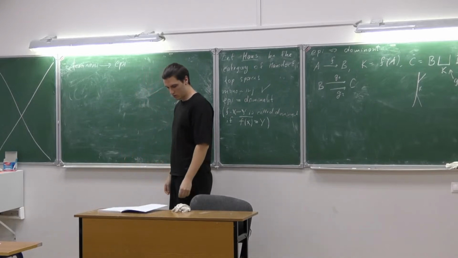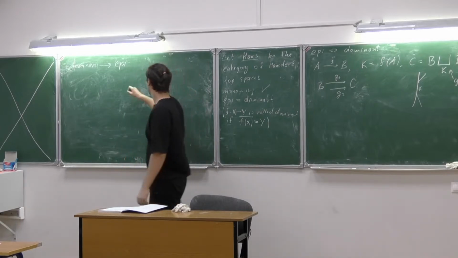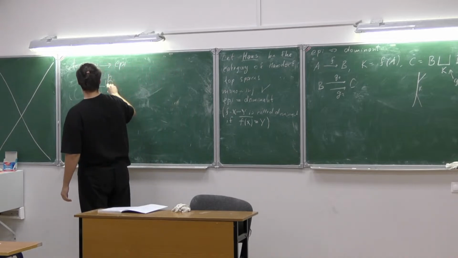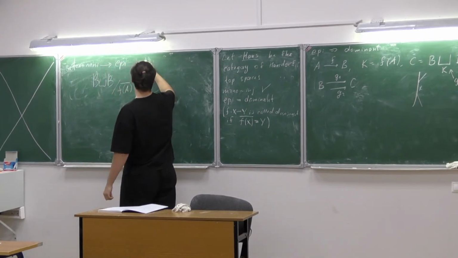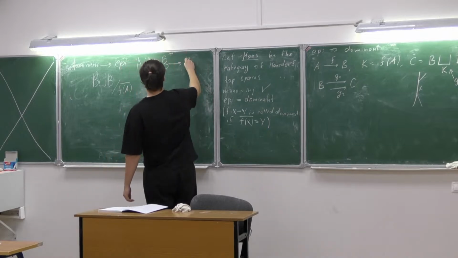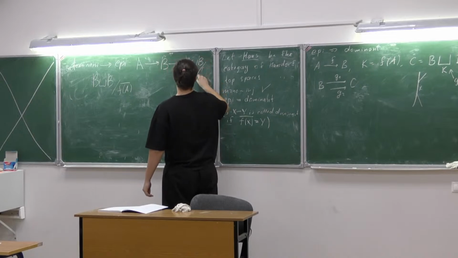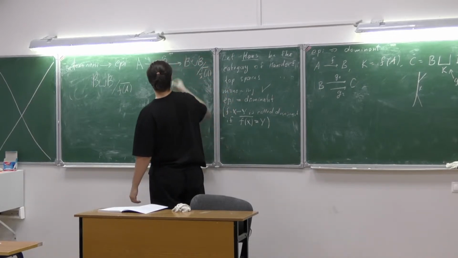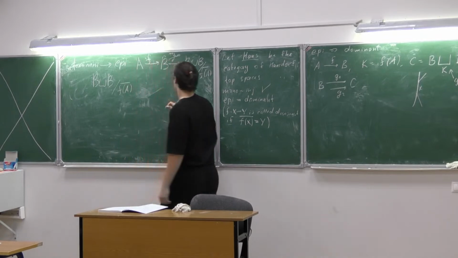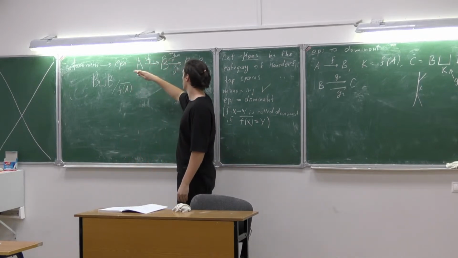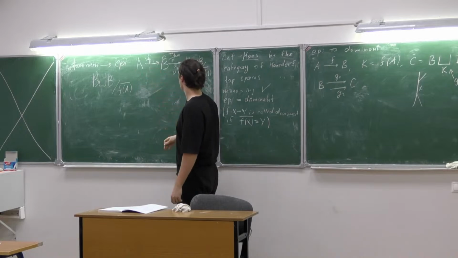Okay, I'll start with the proof of the fact that the space B disjoint union with B, quotient by F. Let's say we have two spaces at first, A, B, and a map F. Let's suppose that the map F is non-dominant.